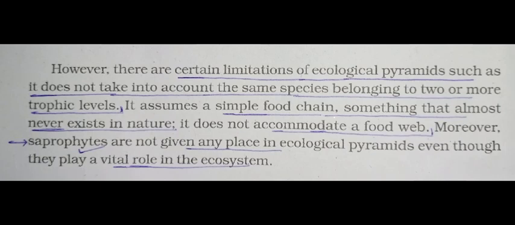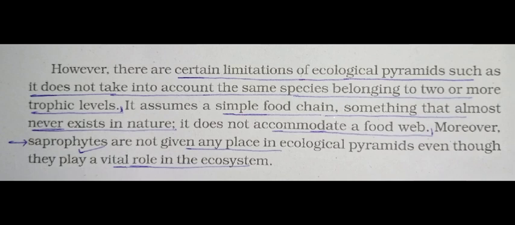And now see the last paragraph. However, there are some limitations of the ecological pyramids, like it does not take into account the same species belonging to two or more trophic levels. It assumes a simple food chain, something that almost never exists in nature.